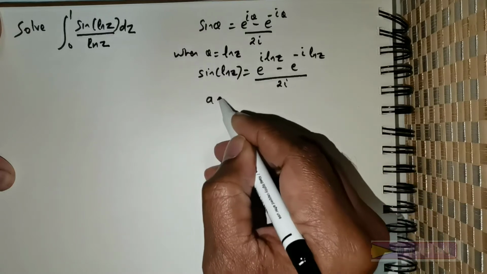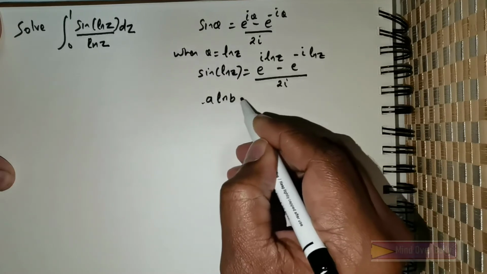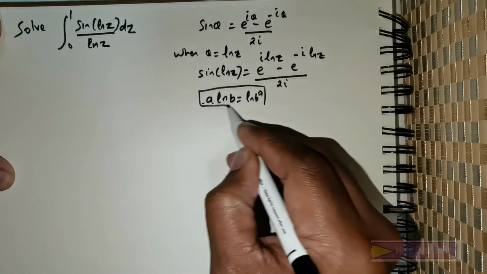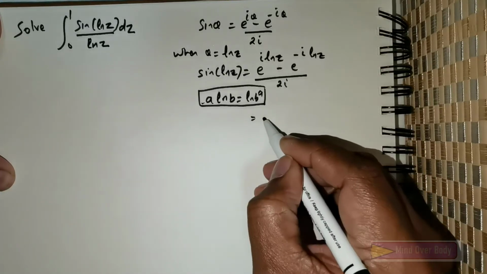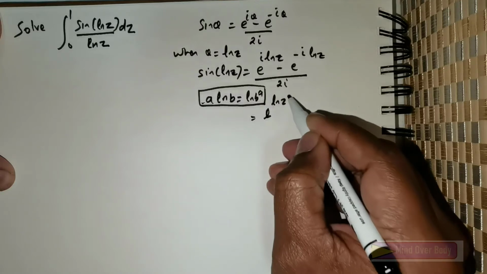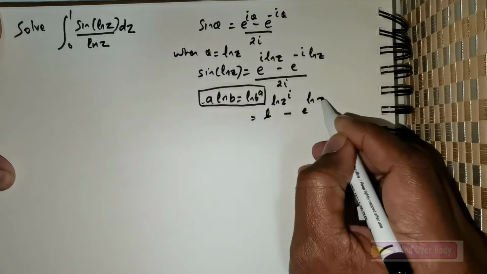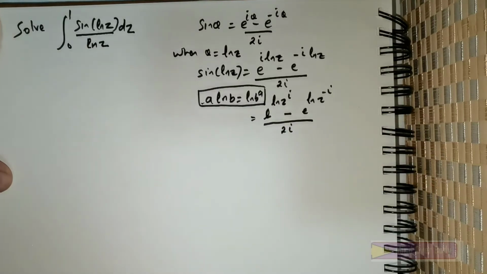Now we know from logarithms that a times ln b can be rewritten as ln of b raised to the power a. Using this, I can rewrite this as e raised to the power ln of z raised to the power i, minus e raised to the power ln of z raised to the power negative i, divided by 2 times i.